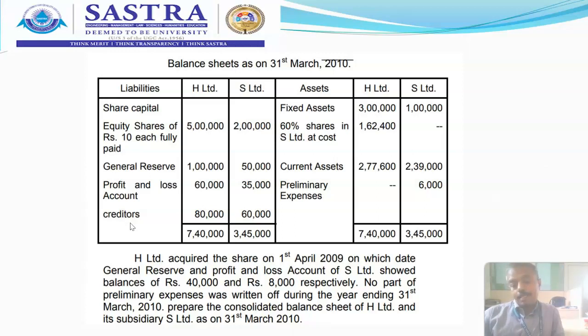So by taking this into account, we calculated the profit for the period by balancing the profit and loss account. So now we have calculated the revenue profit. The capital profit is rupees 42,000 and the revenue profit is rupees 37,000.